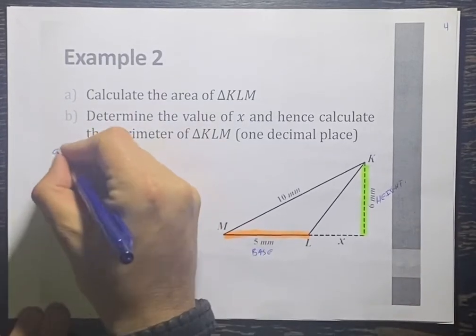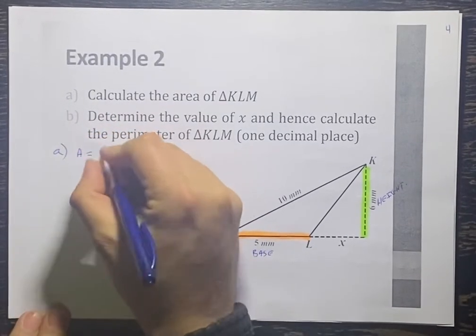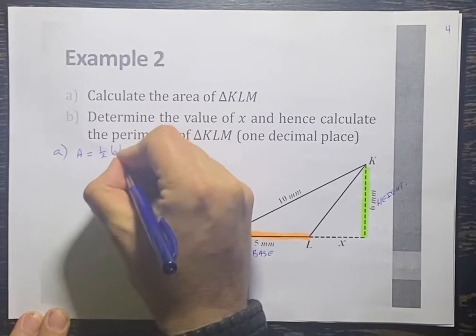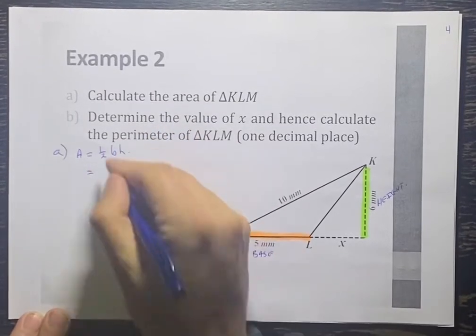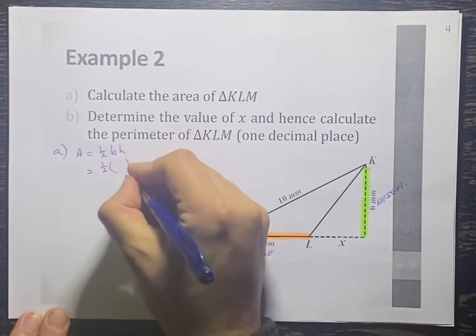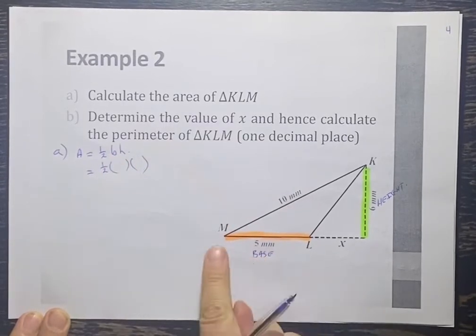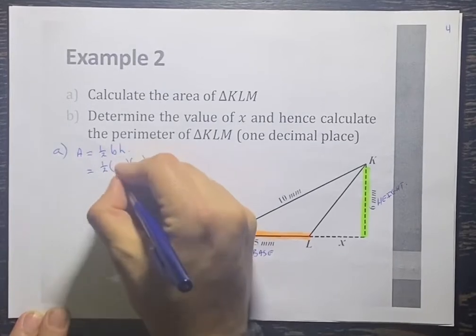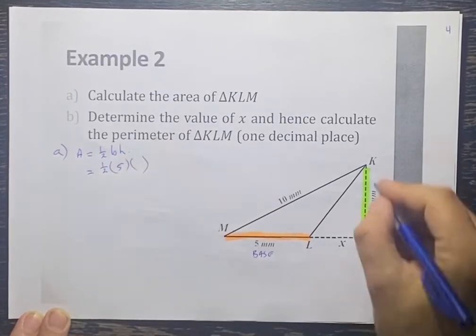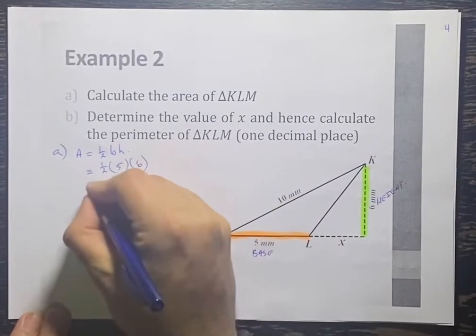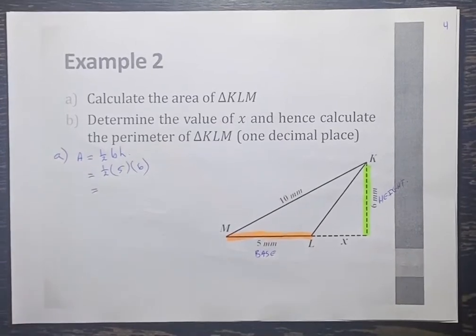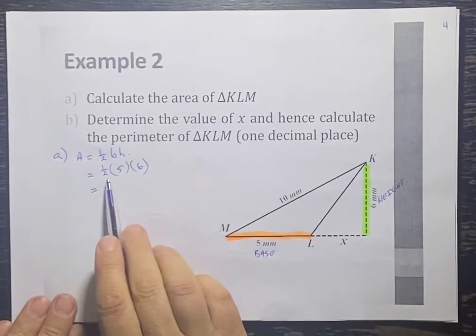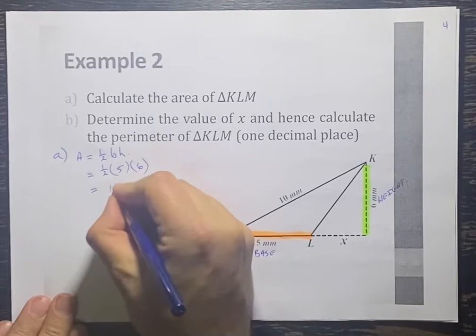So question A, area is equal to half base times height, which is equal to a half. The base is only 5 centimeters. It's just the length of this here, 5. And then the height is 6. Okay, and that will give us 15.